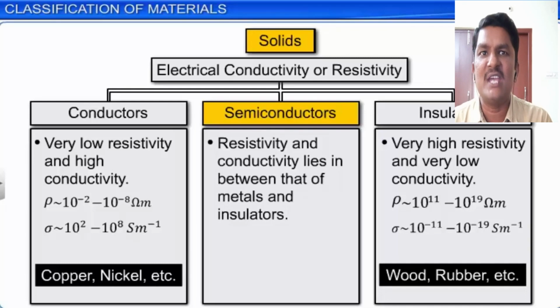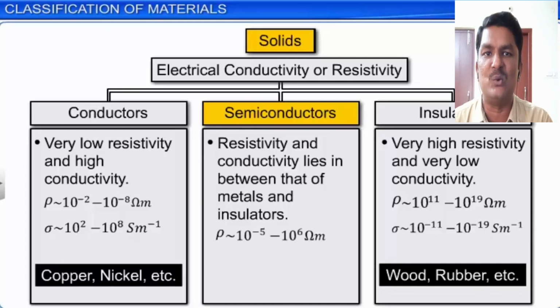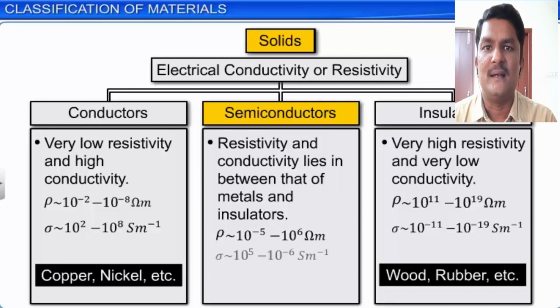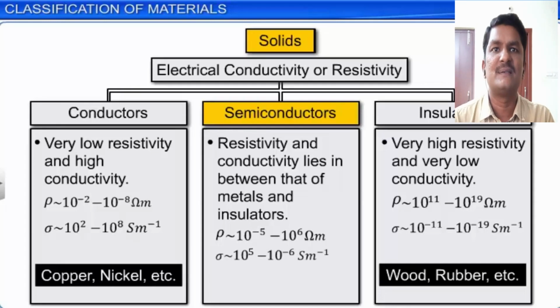The substances which have resistivity and conductivity lying in between conductors and insulators are called semiconductors. These substances have resistivity in the order of 10 power minus 5 to 10 power 6 ohm meter, and conductivity 10 power 5 to 10 power minus 6.